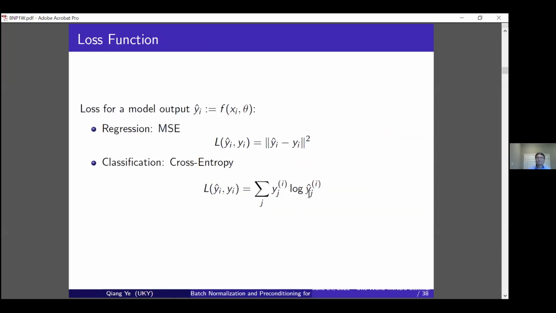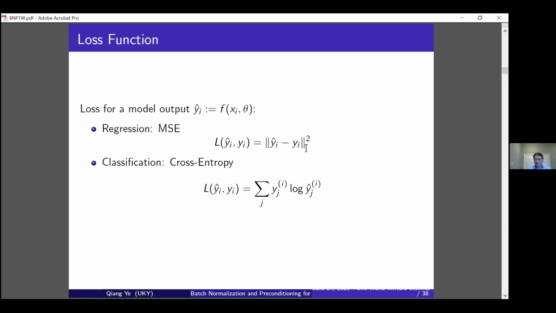All right. So the second step is to choose a loss function, and that depends on the task you have. If the task is a regression problem, meaning the label is a real vector, then we typically use the mean square error, basically just the two-norm of the error.